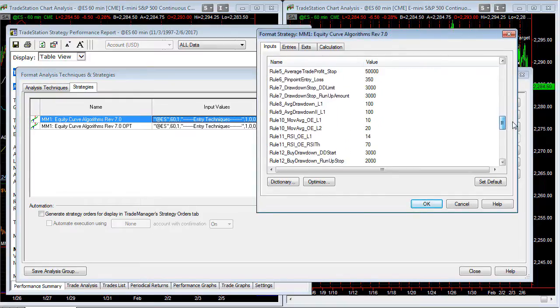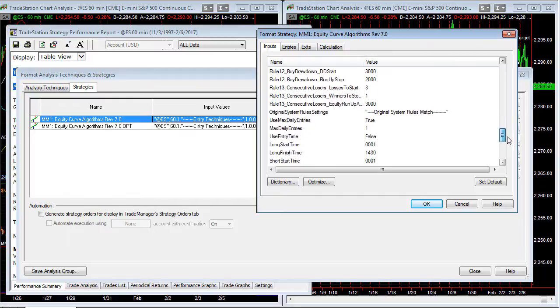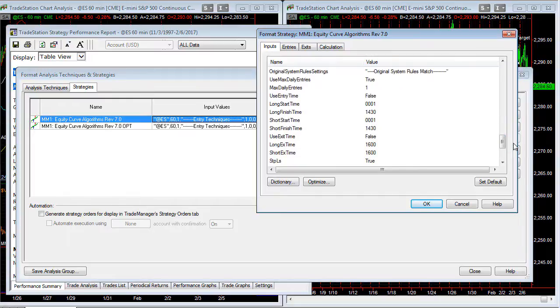And you can see each of the sets of rules. There is rule 13. We don't talk about that as much. It's more involved and involves trading multiple contract strategies, martingale strategies, and so it's related to consecutive losers. It is in the user guide though. So original system rules match, and that is the next section we're going to discuss.